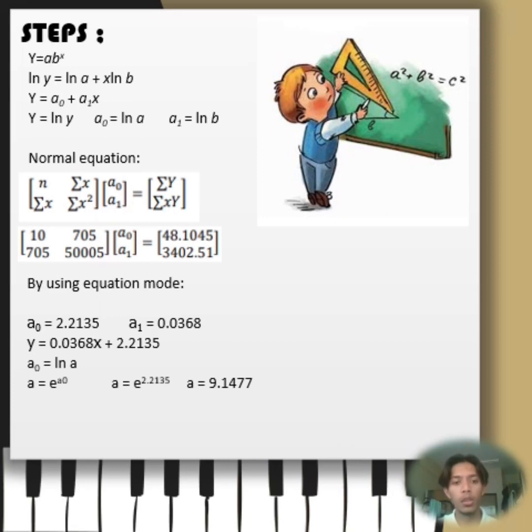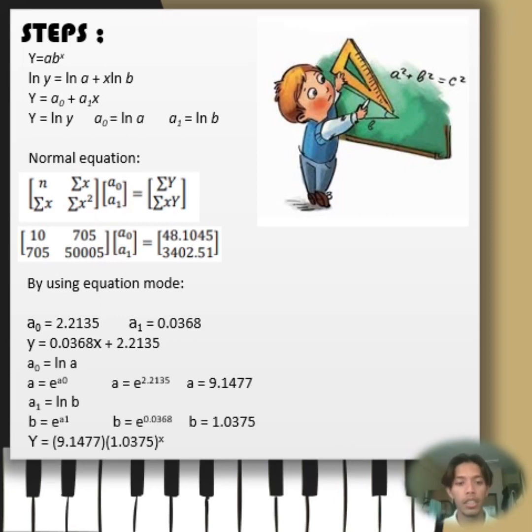So y equals 0.0368 x plus 2.2135. a0 equals ln A, so A equals the exponential of a0, the exponential of 2.2135, so we get A is 9.1477.